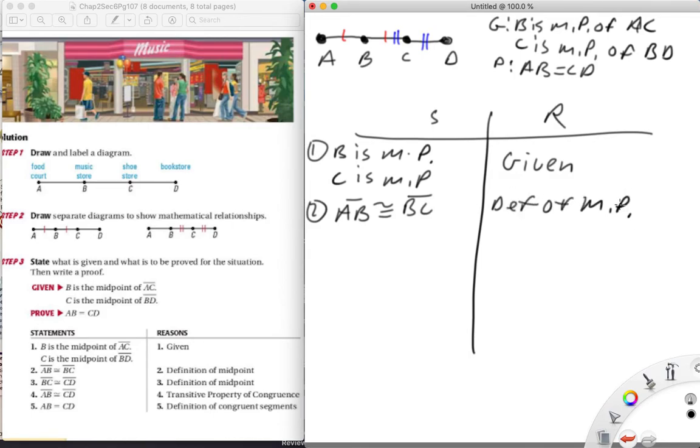Again, all those definitions we went over are fair game and on the table for proofs. And then we can also say that segment BC is congruent to segment CD, and we can see that in the picture. AB is congruent to BC, definition of midpoint, and BC is also congruent to CD. Again, definition of midpoint.